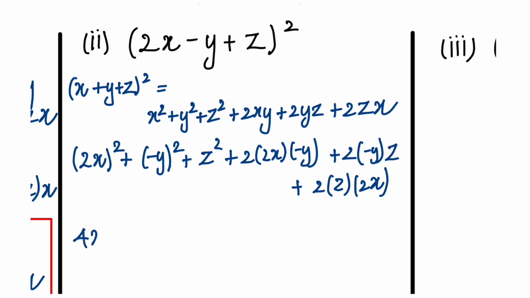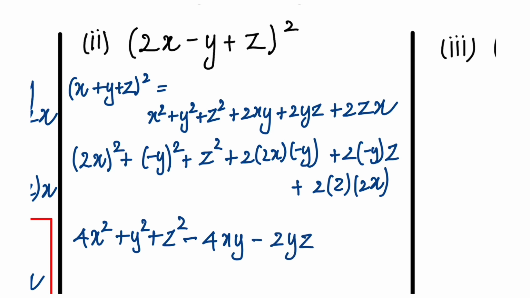So 2x the whole squared becomes 4x squared and minus y the whole squared becomes y squared plus z squared plus, in this term we have 2 times 2 which is 4 and we have minus y here, so it becomes minus 4xy, and this term also has a negative sign, so it's minus 2yz, and this one is a positive term, so it's plus 2 times 2, sorry, this is not 2, it's z.